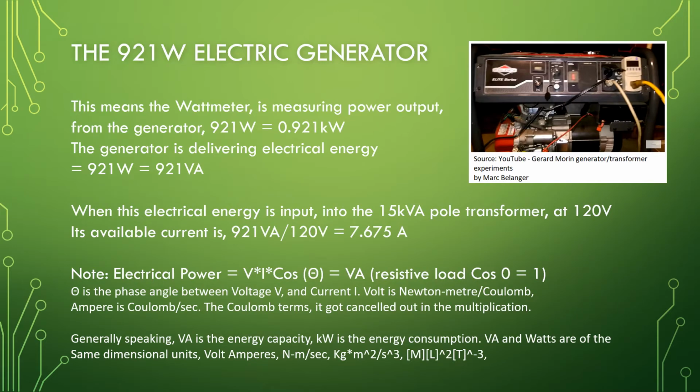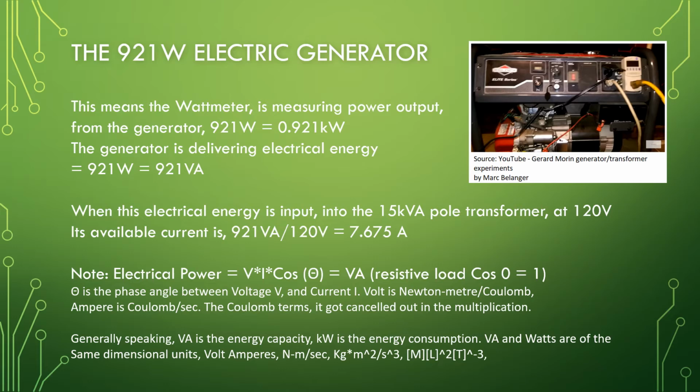The 921 watt electric generator. This means the wattmeter is measuring power output from the generator. 921 watt equals 0.921 kilowatt. The generator is delivering electrical energy equal to 921 watt, equal to 921 VA.